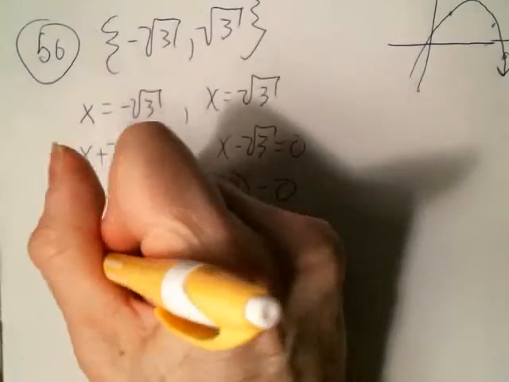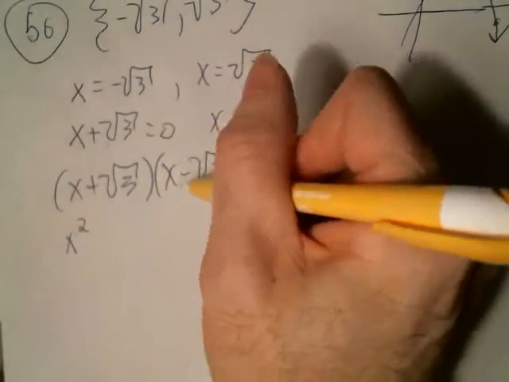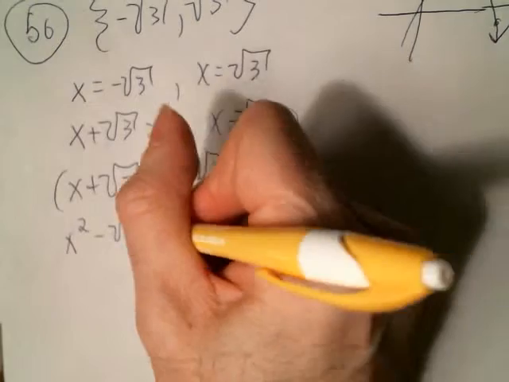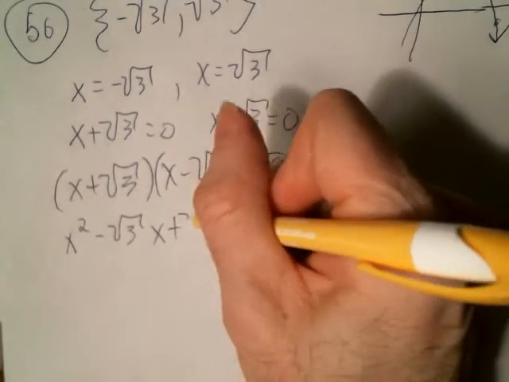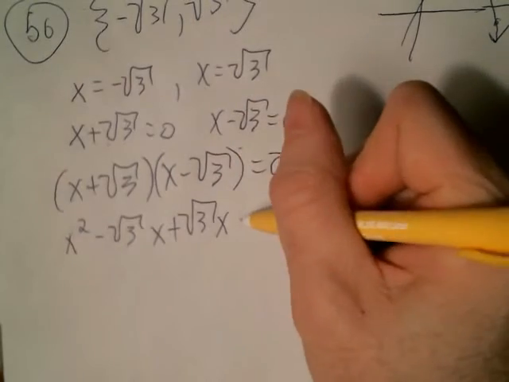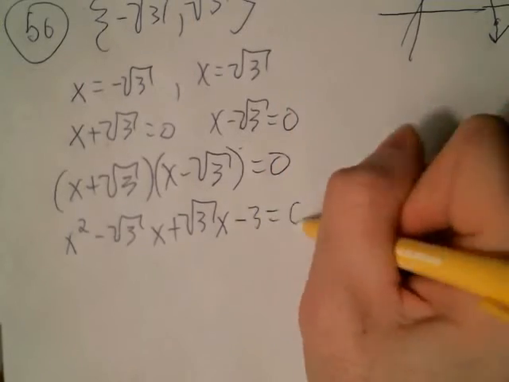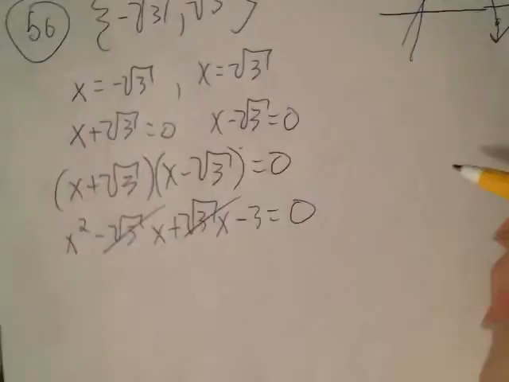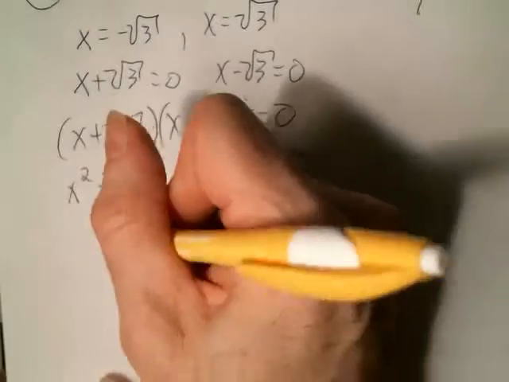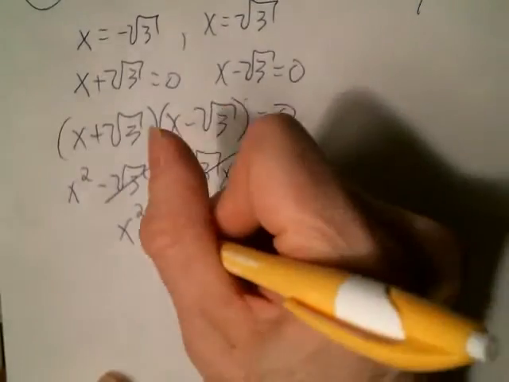So we have x squared, first the outer minus radical 3x, the inner plus radical 3x, and then the last is minus radical 9, which is 3. The two middle terms will add away, and we're just having x squared minus 3 is 0. And that's it.